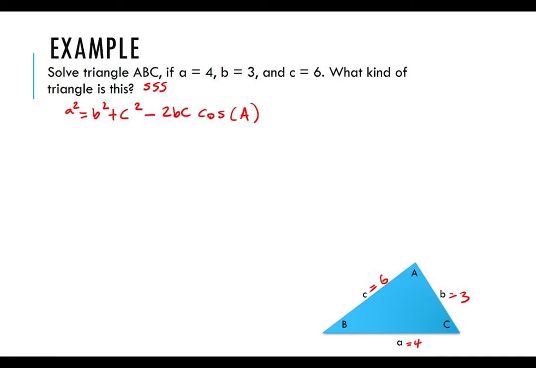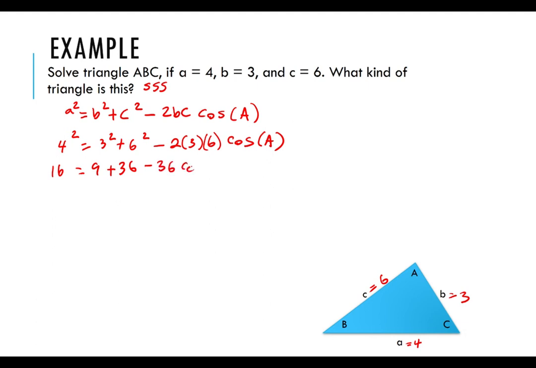Well then, what happens? I just plug in everything I have. 4 squared is equal to 3 squared plus 6 squared minus 2 times 3 times 6 times cosine of unknown angle A. At this point, we just need to solve for cosine of A. So 4 squared is 16, 9 plus 36 minus 36 cosine of A. 9 and 36 is 45, so I'm going to subtract 45.